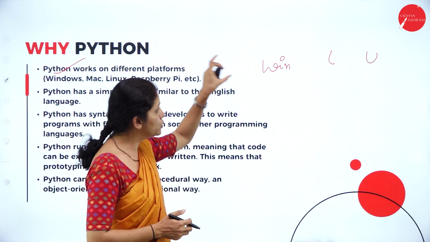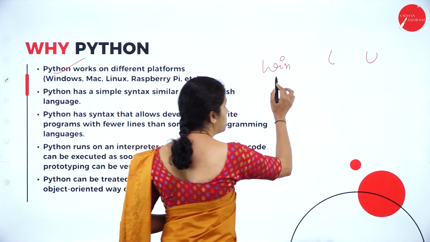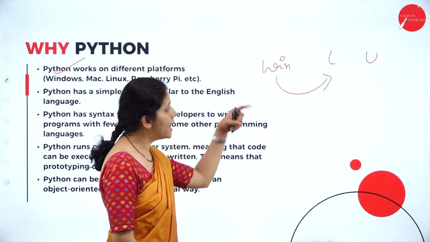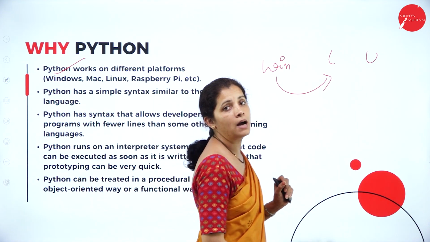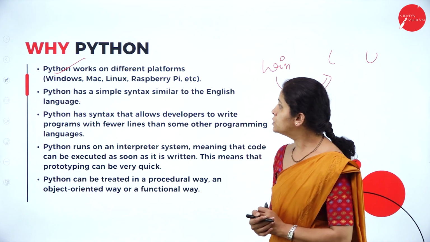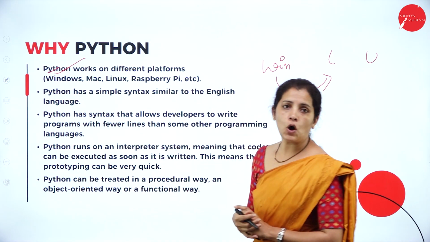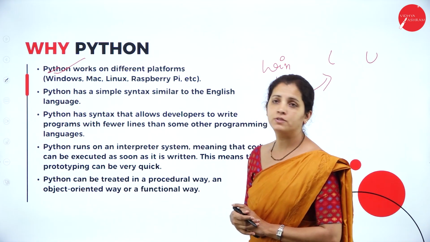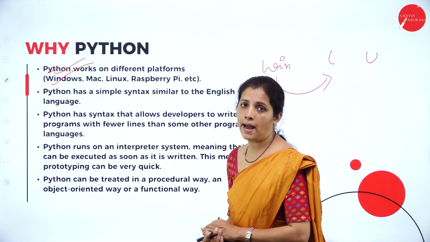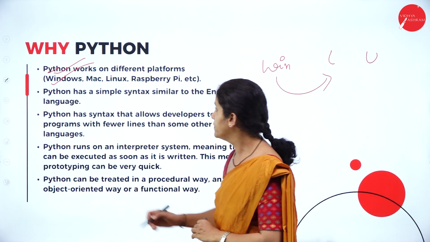After that, I'm going to copy that program and run the same program on Linux as well as Unix as well as my Mac OS. So Python works on different platforms, for example Windows, Linux, Unix, Mac OS, etc.